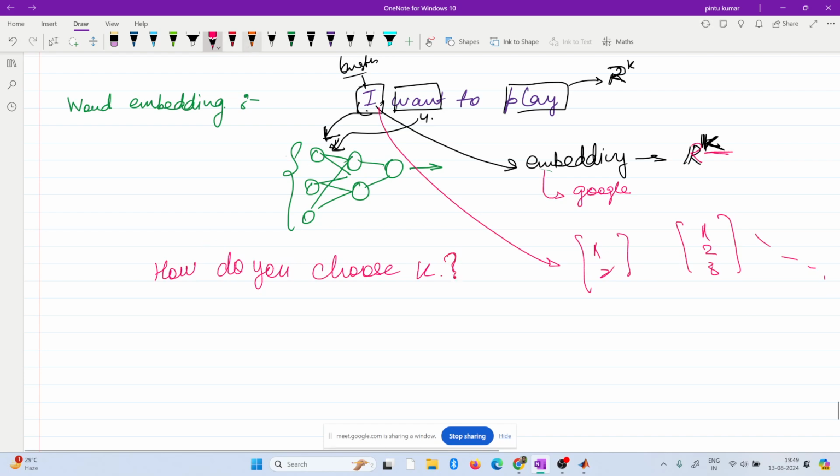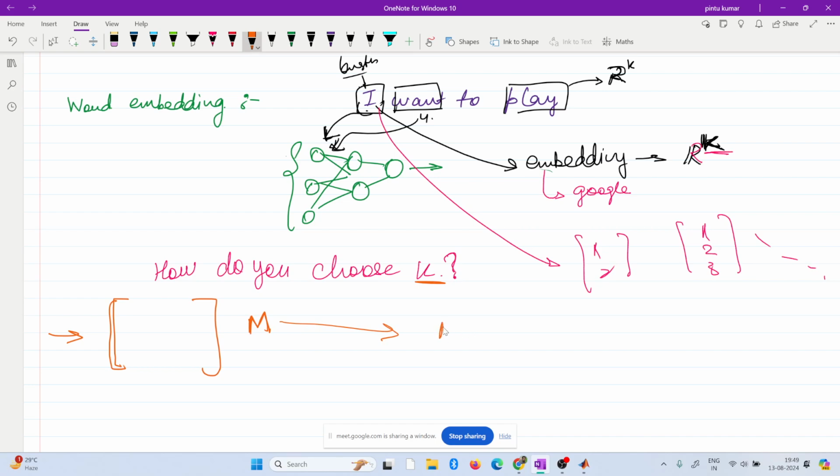Then some people did some research and they found out that there is a similarity matrix M, and when you do embedding, your algorithm is implicitly doing some kind of matrix factorization.